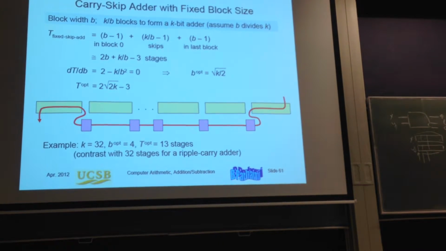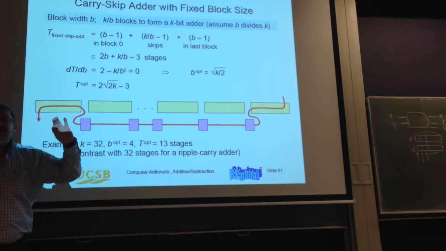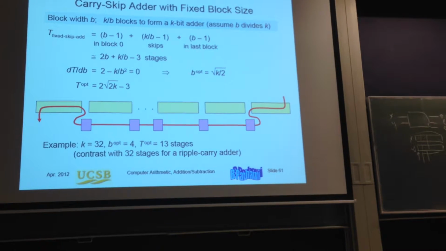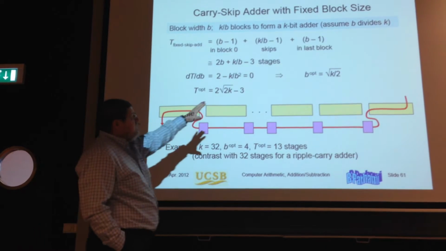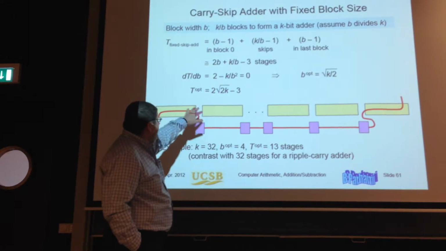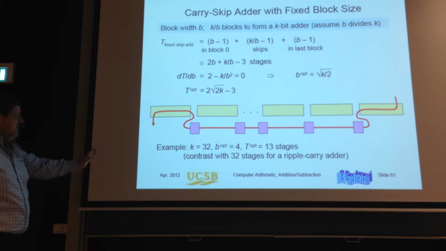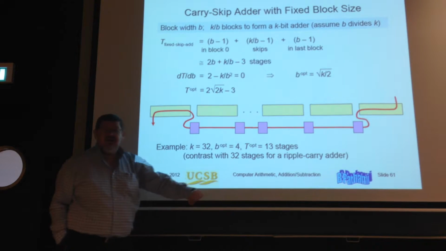Now I can make some calculation and apply some knowledge from mathematical analysis. I apply a derivative, and I'm looking for the optimum number of bits per block, where I have b bits in a block. Then I can compute the number of bits, which will be the square root of k over 2, and I can also compute the optimal delay for that. This will give me 13 stages.